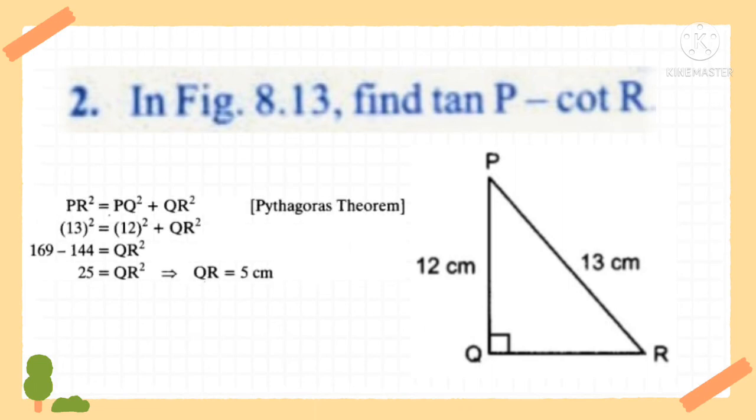Here the Pythagoras Theorem will be PR square, PR is the hypotenuse, so PR square is equal to PQ square plus QR square. So QR can be calculated. After calculating the length of QR, we will find the value of tan P and the value of cot R using the formulas and then substitute them in this expression, that is tan P minus cot R, and that's all.